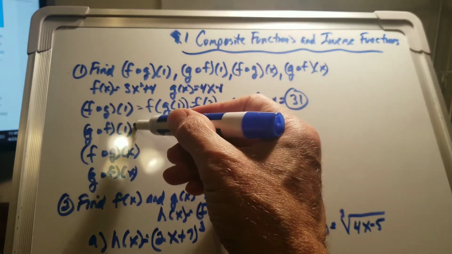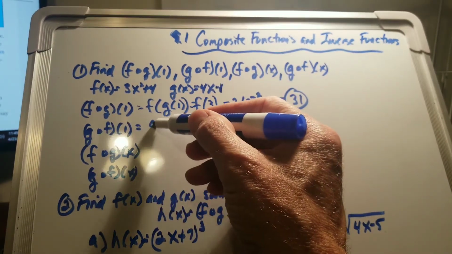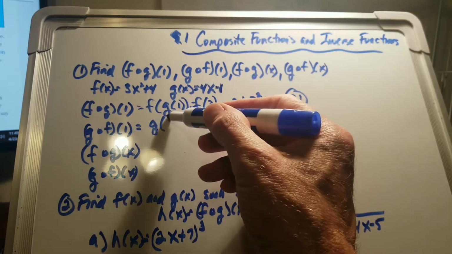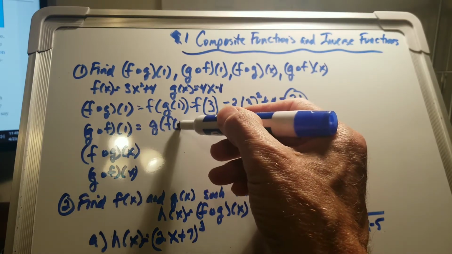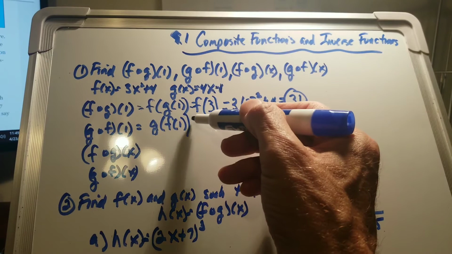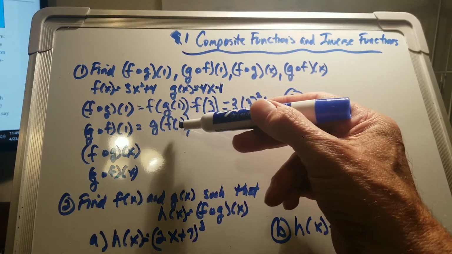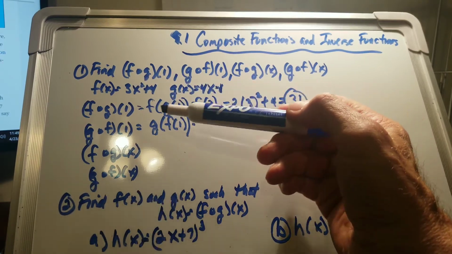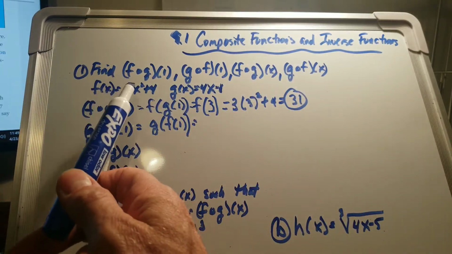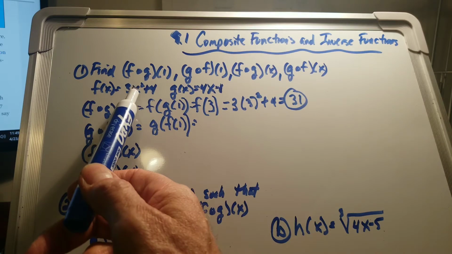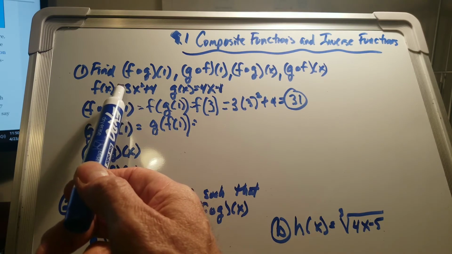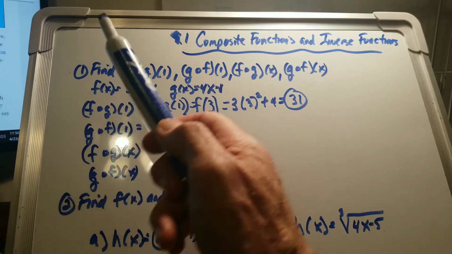Second one. Copy the first letter, copy the next letter in parentheses, put the 1 there, and close parentheses. Always work inside to outside. For f of 1, you plug 1 in for x in the f function. So 1 squared is 1, times 3 is 3, plus 4 is 7.